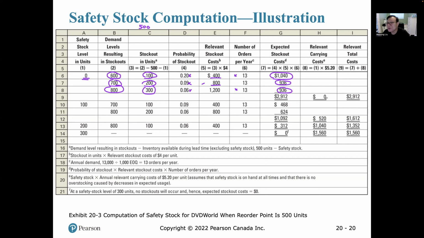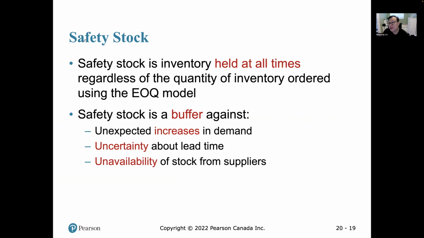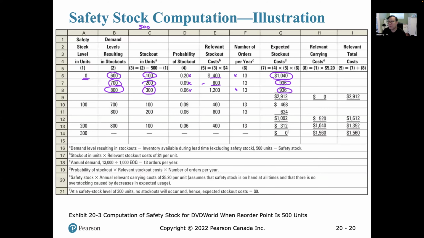Carrying cost is 0 because it's always 0, remember? You don't have any safety stock level. You have no buffer. You didn't carry any extra stock, so the carrying cost is 0. So the total cost is $29.12.